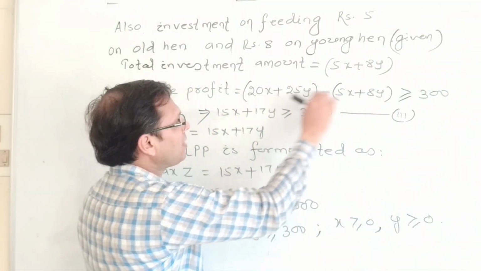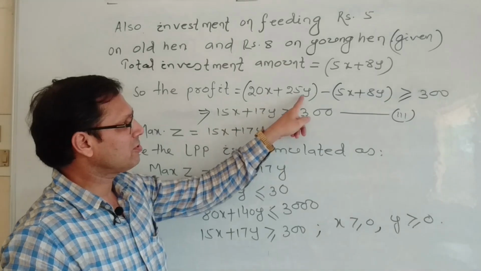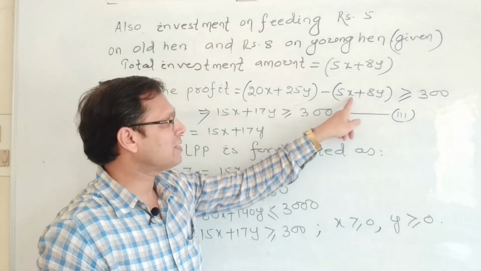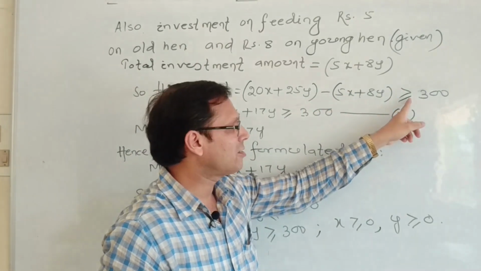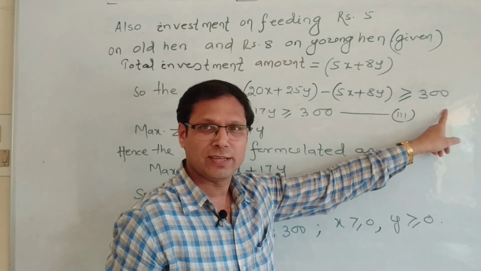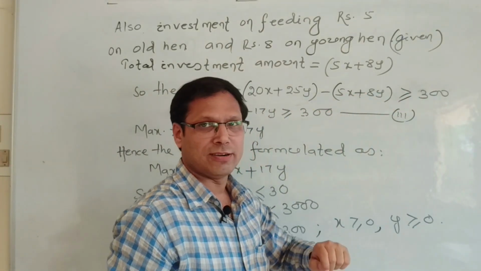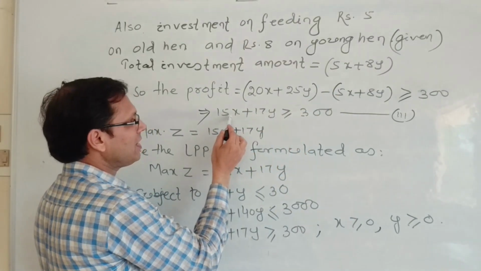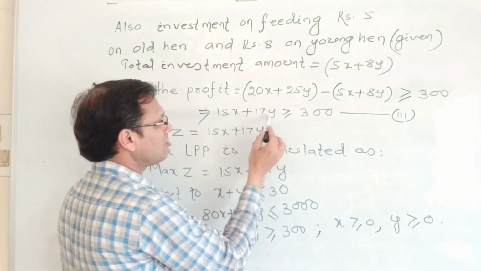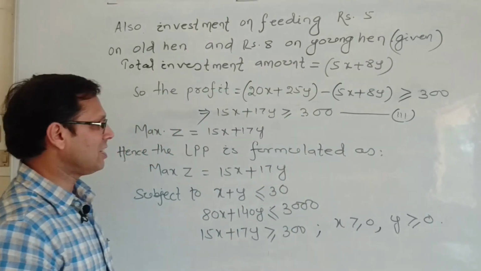So income minus expenditure is equal to profit. So total profit is equal to 20x plus 25y minus (5x plus 8y). Again given, the profit should be greater than equal to 300 per week. So this amount should be greater than equal to 300. So 20x minus 5x is 15x, 25y minus 8y is 17y, greater than equal to 300, which is the constraint number 3.